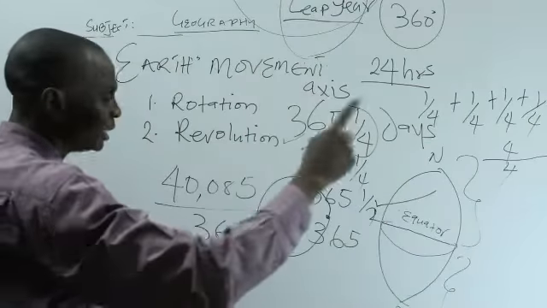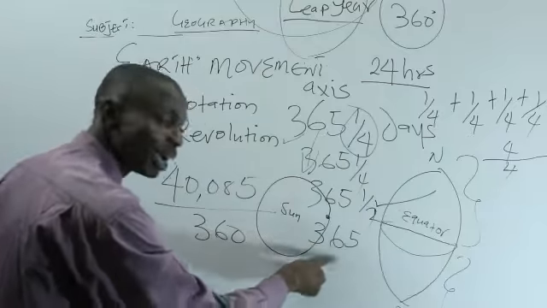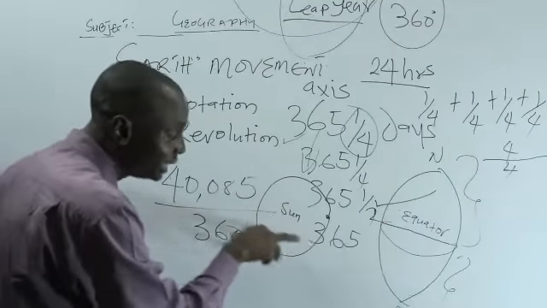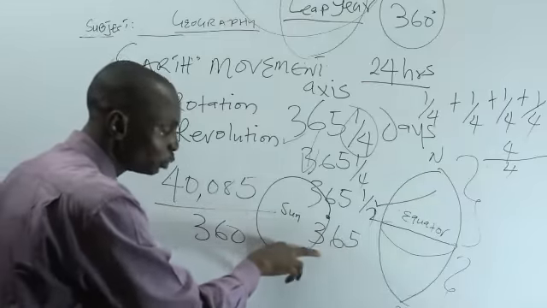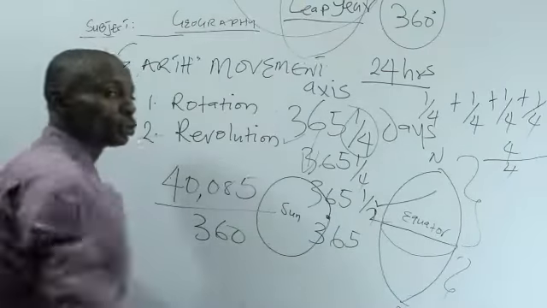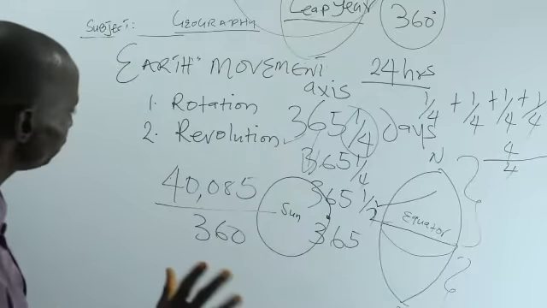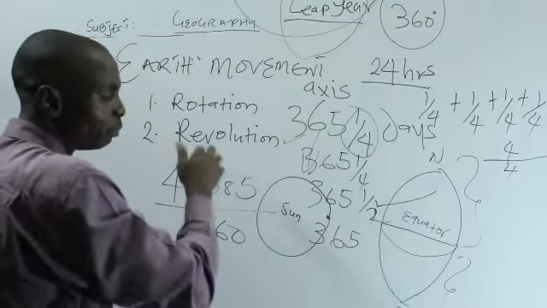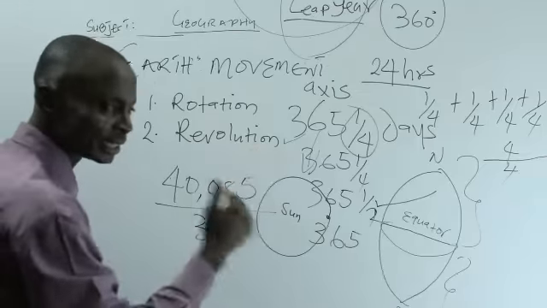It will give you 1. That one you add to 365, it will give you what? 366. So instead of that year being 365, it is going to be 366. It is that 366 that we call leap year. So anytime you hear of leap year, remember that the previous 3 years had been 365 1/4.